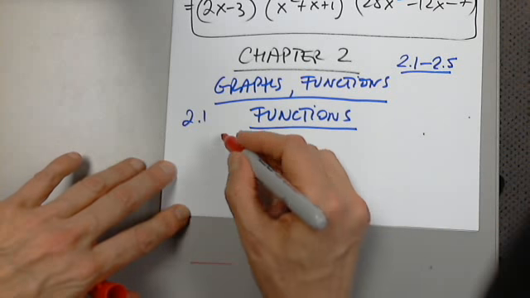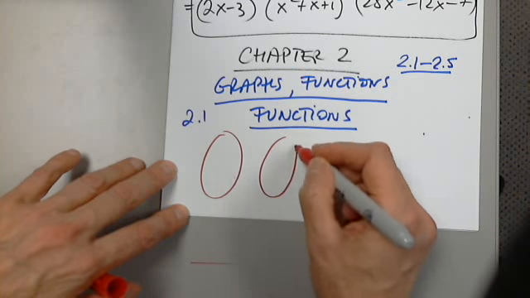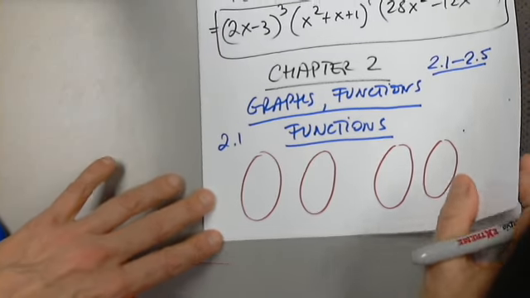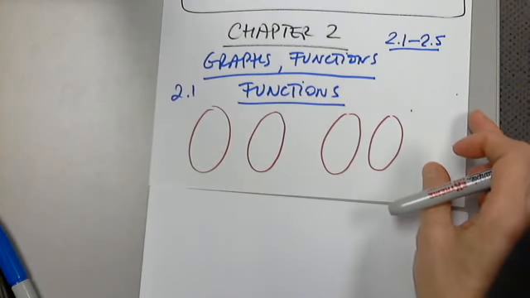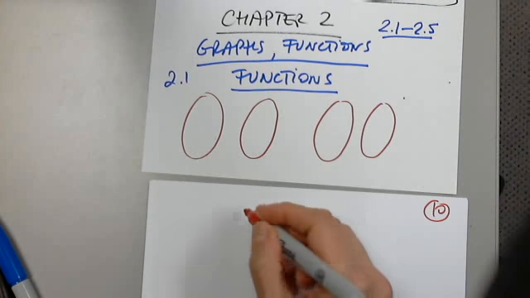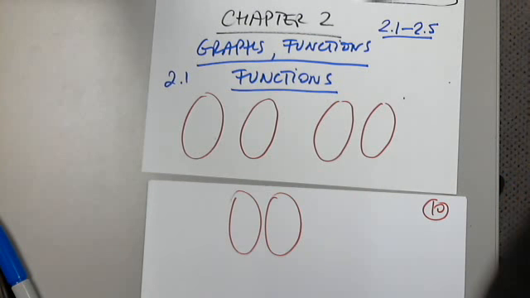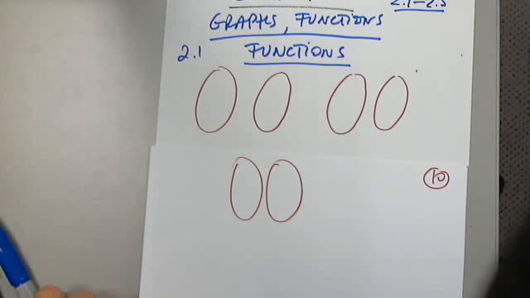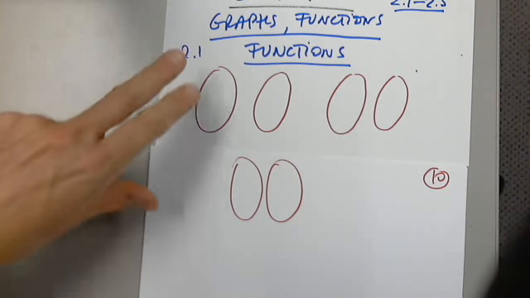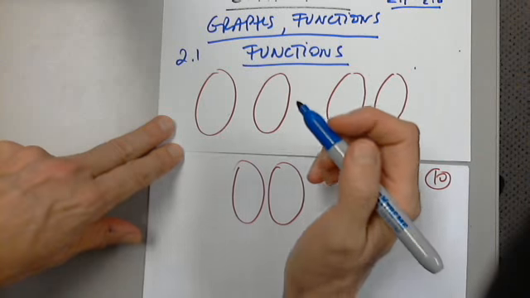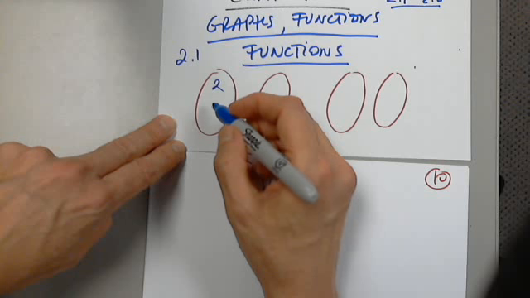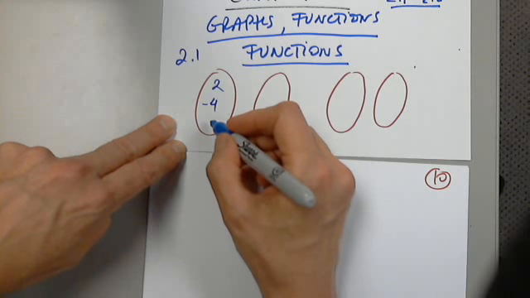Good. So let's look at 3 sets of bubbles. This is one set. This is the second set of pairs. So 3 pairs of bubbles. And here's the third one. Please choose 3 numbers for me that you want me to put in each first set. 2, negative 4, and 7.